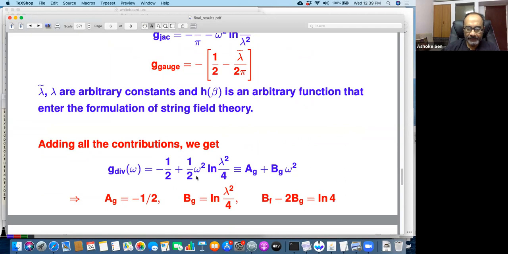You can see that BG is just half log lambda square. BG is, sorry, what happened here? I think I missed a half somewhere. This should have been there, there should have been a half here. BG should have been a half log lambda square by 4. But when you calculate BF minus 2 BG, that's the combination that enters the S matrix, you just get log 4.